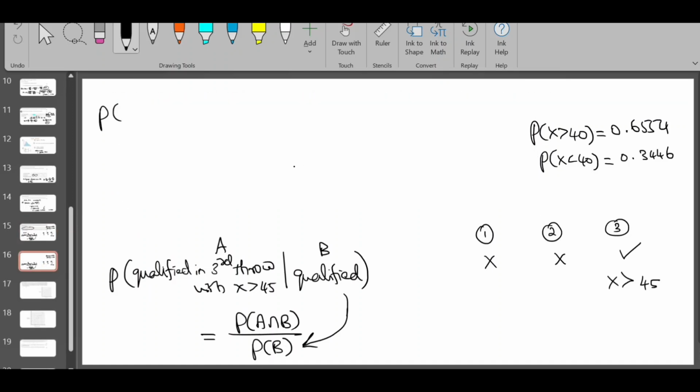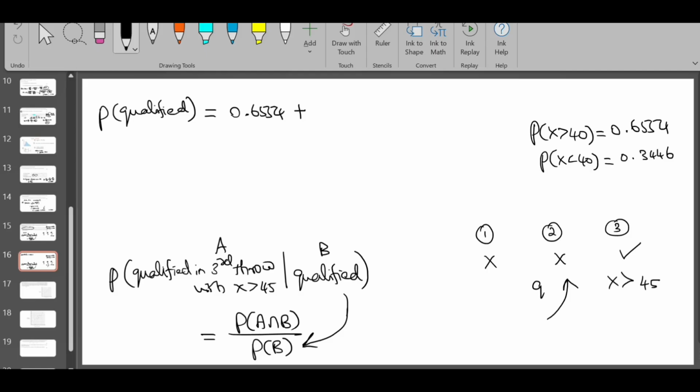If she threw more than 40 meters in the first throw, the probability is 0.6554, plus in the 2nd throw, that means first one she failed, 2nd one she succeeded.